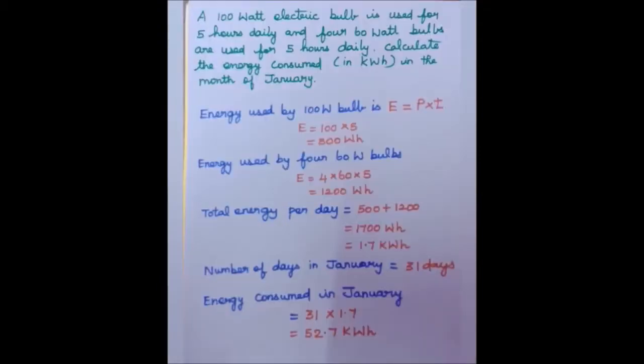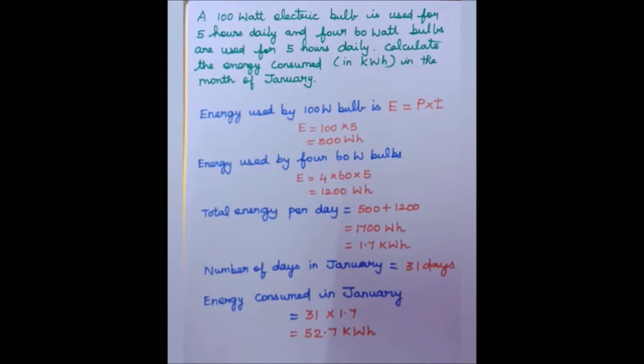A 100 watt electric bulb is used for 5 hours daily and 4 bulbs of 60 watt are used for 5 hours daily. Calculate the energy consumed in kilowatt hour in the month of January. We know that energy consumed equal to power into time.